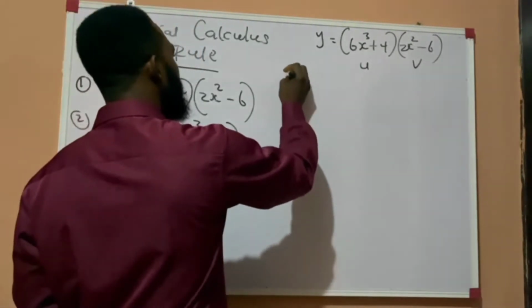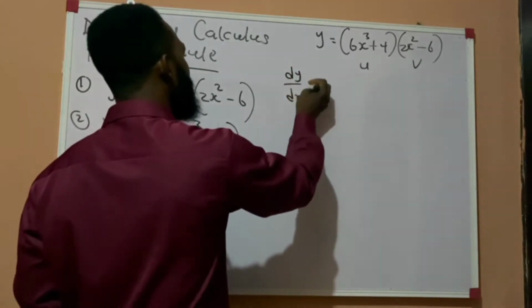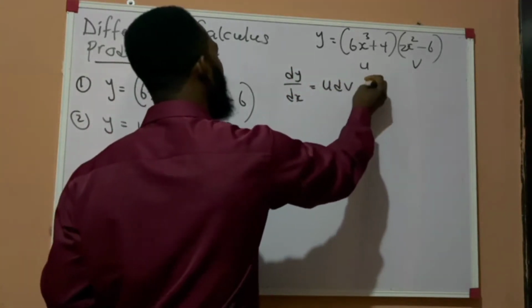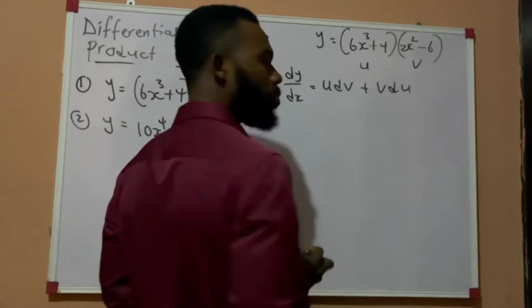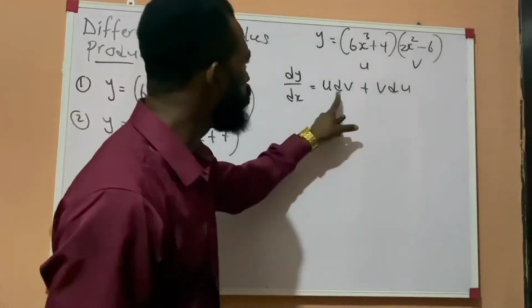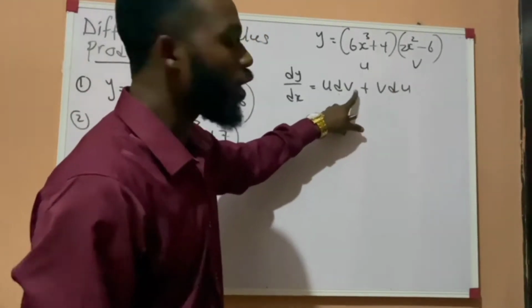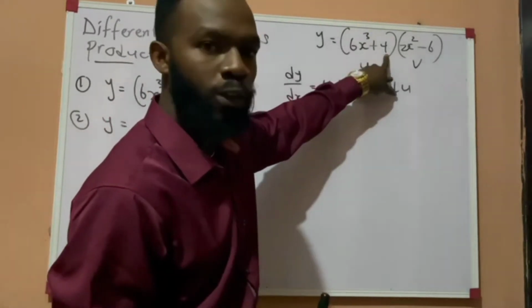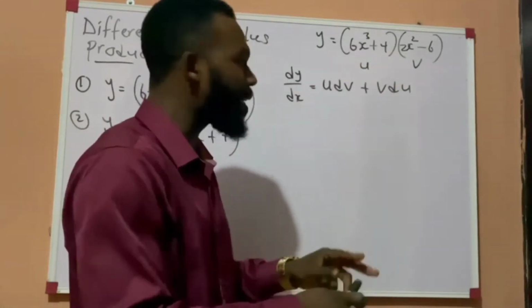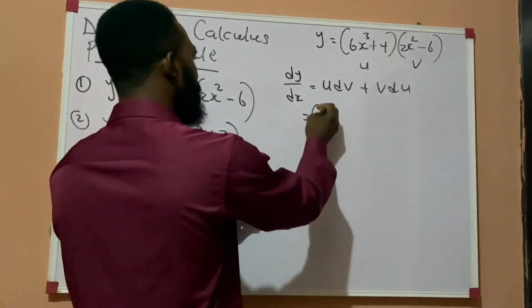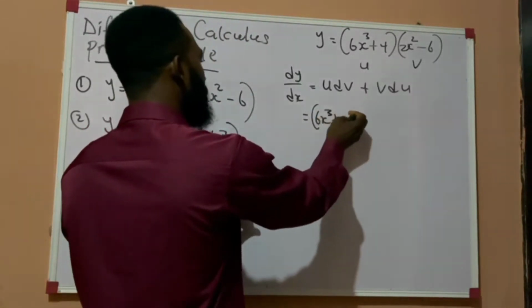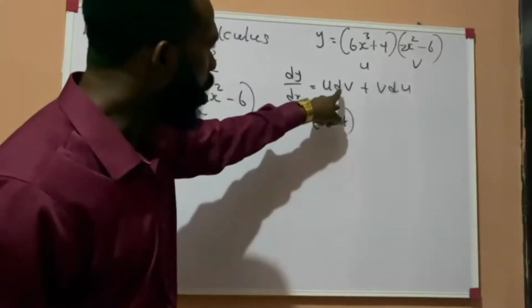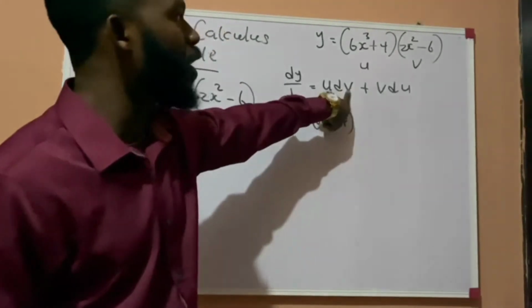The formula is dy over dx equals u dv plus v du. Remember, u dv means hold u but differentiate v. When you hold u, it means 6x raised to the power 3 plus 4: I won't differentiate it, I will write it out, I won't touch it. But we are told to differentiate v.